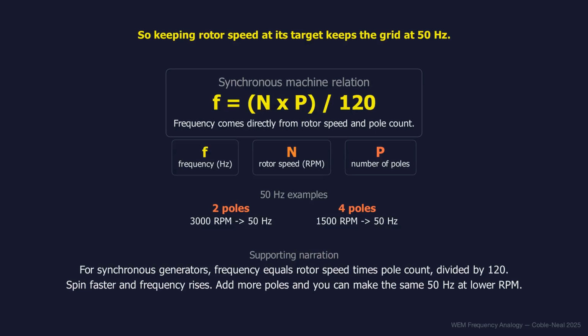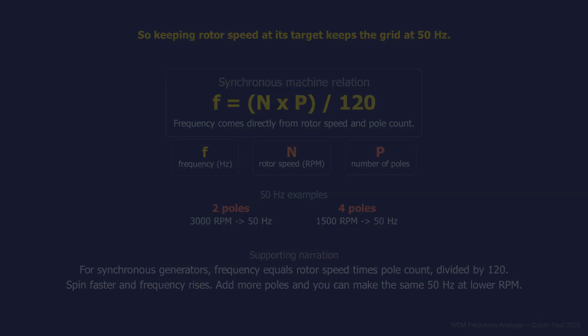Frequency is the rate at which alternating current completes a full electrical cycle measured in hertz, that is, the number of complete cycles per second. In the WEM, as in most grids that operate on the 50 Hz standard, this means the current reverses direction 50 times every second.